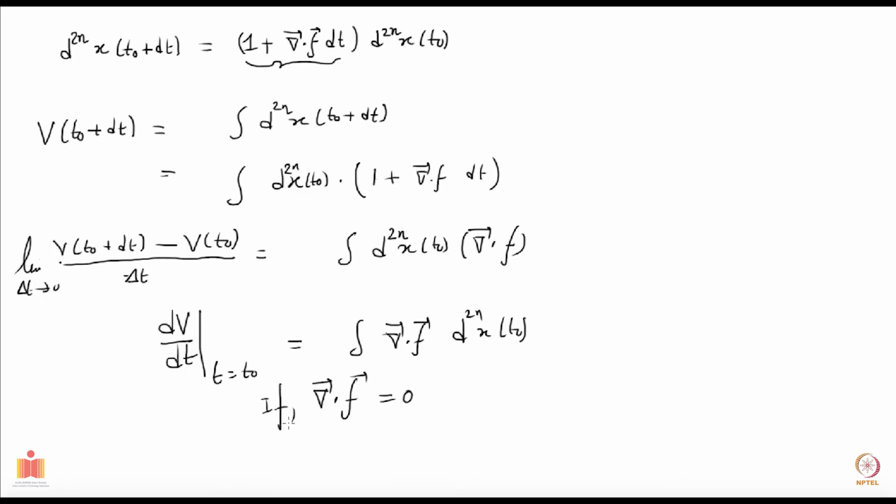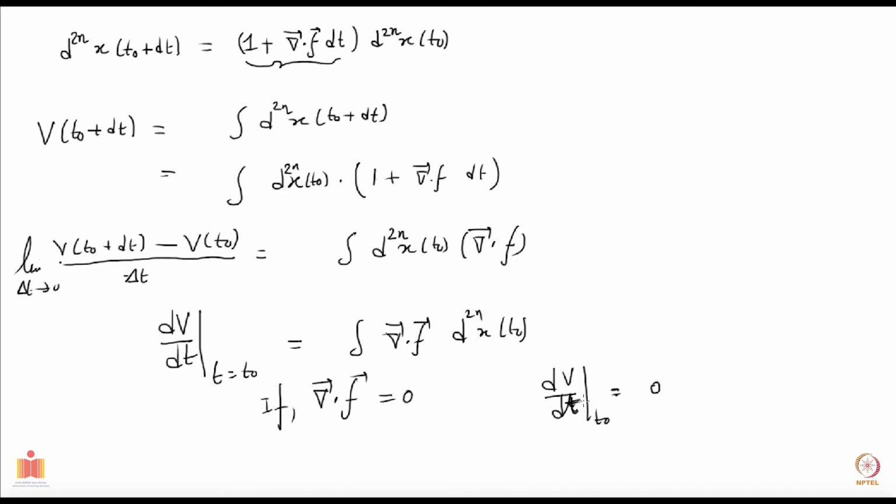If that is true, then dV over dt at any time t_0 will be 0, or equivalently, at all times it will be 0. So the volume is not going to change with time if your f was divergenceless. So that is the generic conclusion for any system of ordinary differential equations.